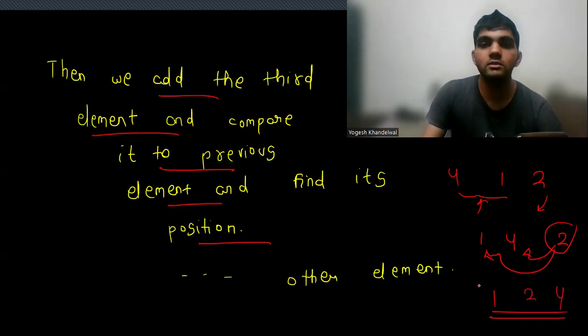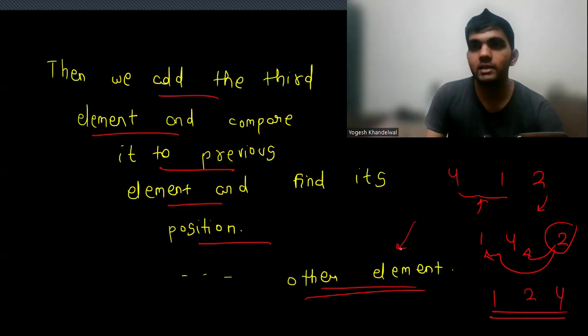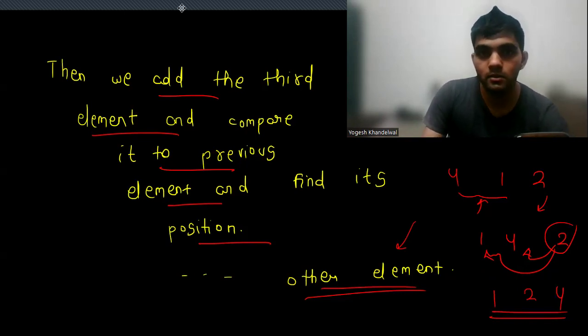In this way we add other elements also. We add the next element, then compare it with all the previous elements, then find its position, and in that way we do this for all the elements in the list, and then we get the sorted list. So now we get the idea of insertion sort, and now we will implement it in Python.